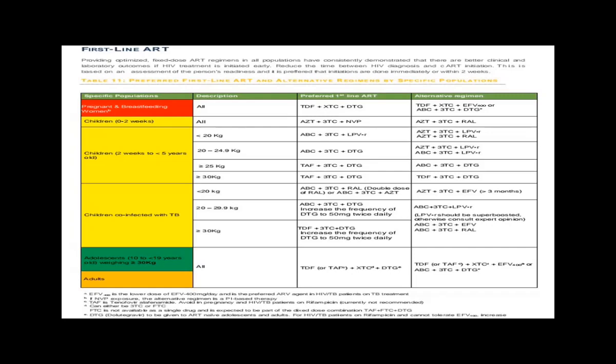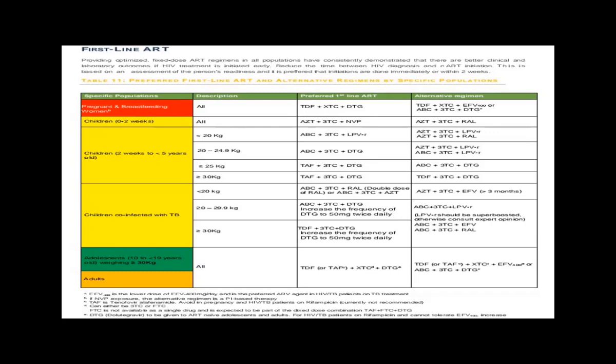And then for children that are 20 to 24.9 kg, we're going to give abacavir plus lamivudine plus dolutegravir as the preferred first-line ART.